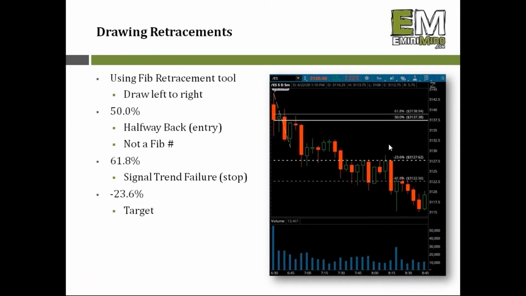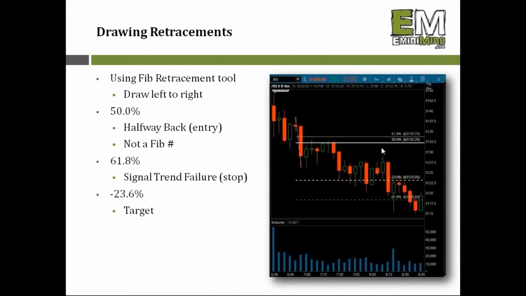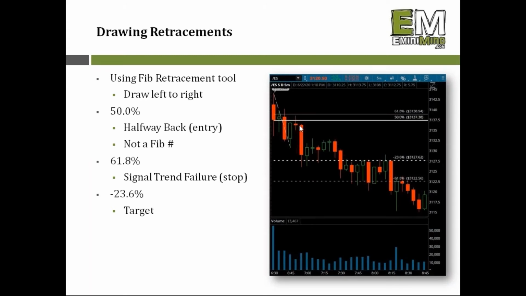And what ends up happening is, okay, we've got one retracement that completes. It goes from the 50 down to the negative 23. Well, okay, that's great, but what do we do next? What do we do from there? Once you have one traditional retracement going from, in this case, a short, so your anchor point is high and your second anchor point is low, you trade up to the 50 and then it trades down to the negative 23.